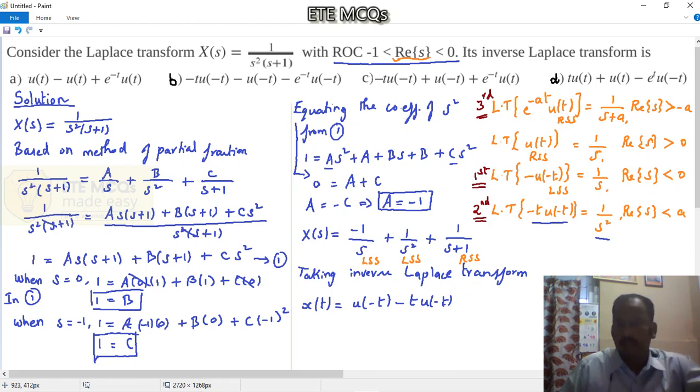And finally, this is a right-sided sequence, so you can take it directly: plus e power minus t into u of t. So this is your resulting inverse Laplace transformation which satisfies this ROC. You can notice that this solution matches with C. So the correct option is C.